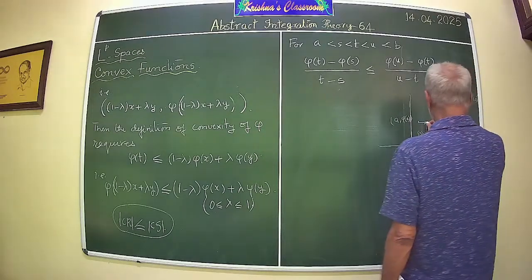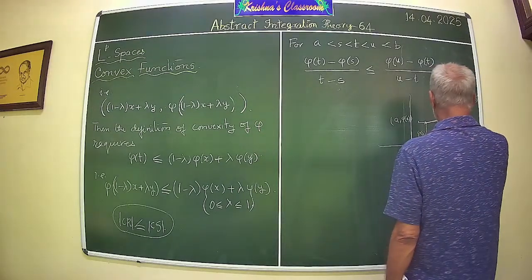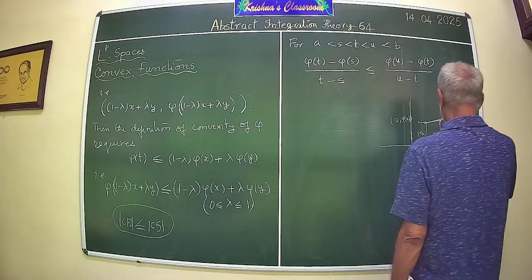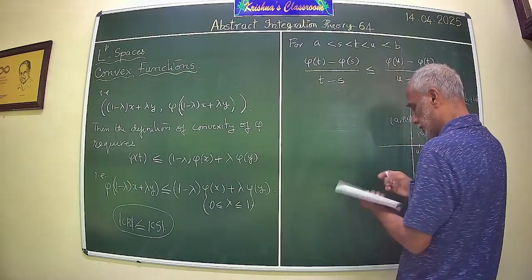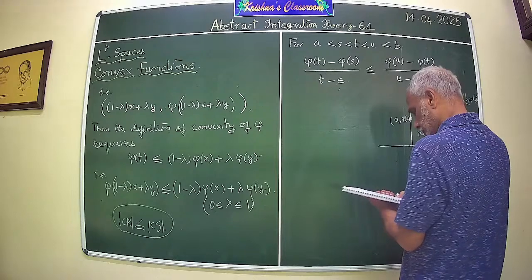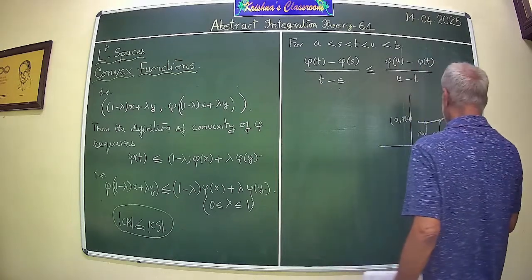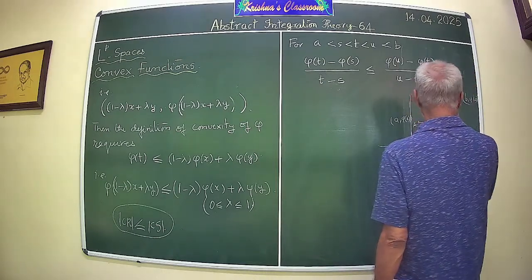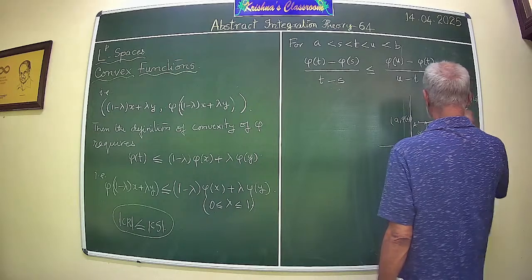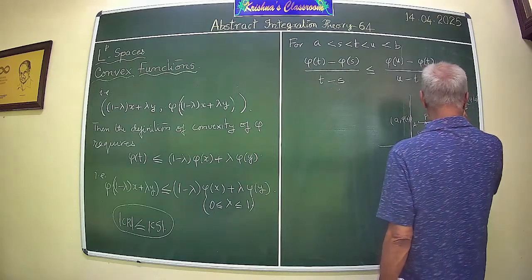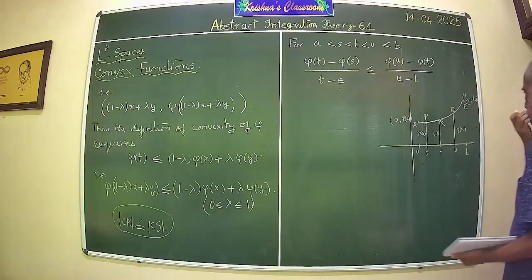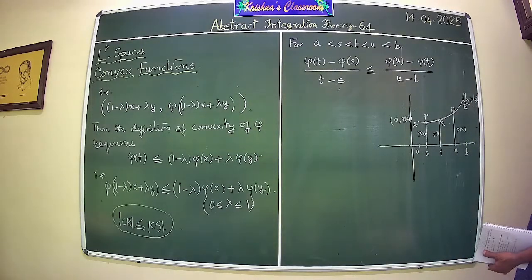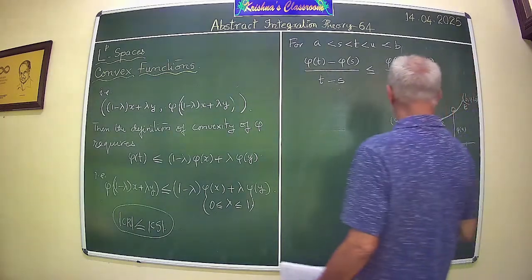Now you take this line and take this line. What is the slope of this line? So let us mark these points, name these points. So this is A and this is B. Let us take P, Q and R.